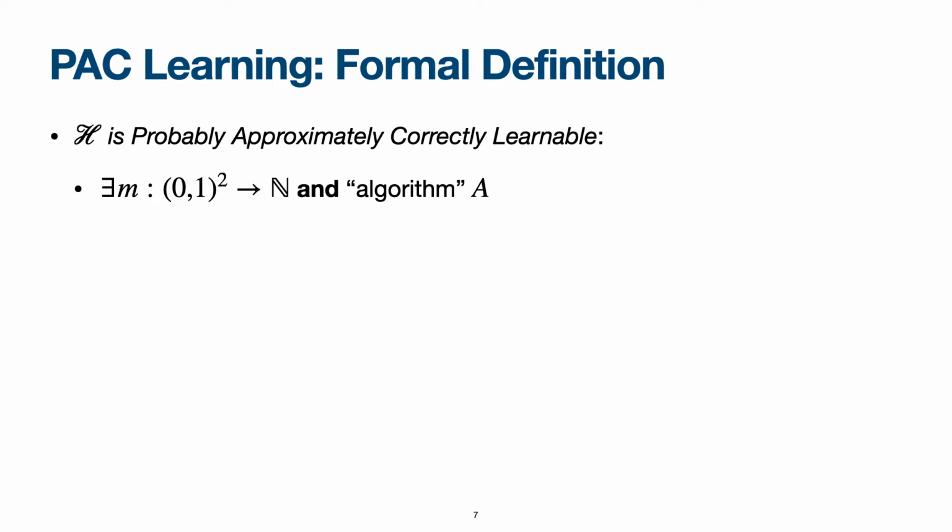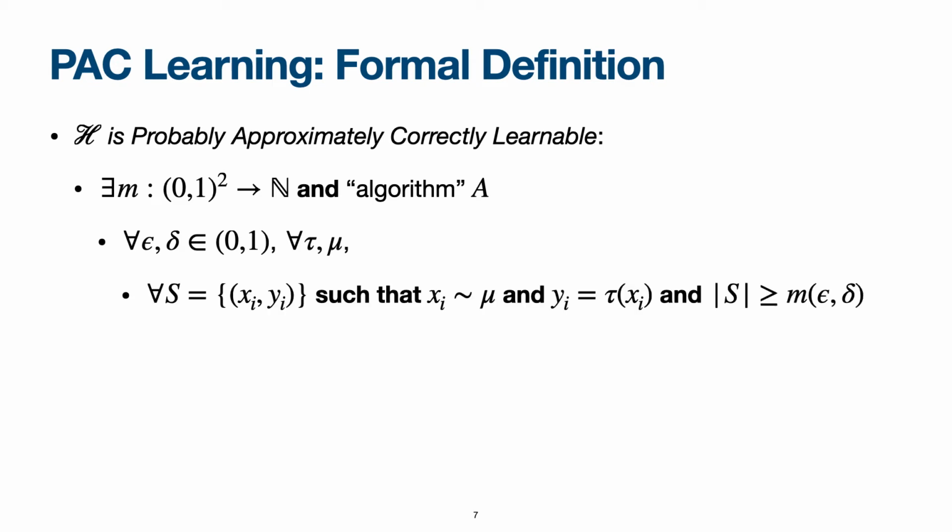And we require the existence of some algorithm A, such that for any accuracy epsilon that we might want to achieve, for any confidence delta that we might want to achieve, and regardless of what tau, the target function, and mu, the distribution over the domain, are, we can construct a data set S where all of the x are sampled from the distribution mu.